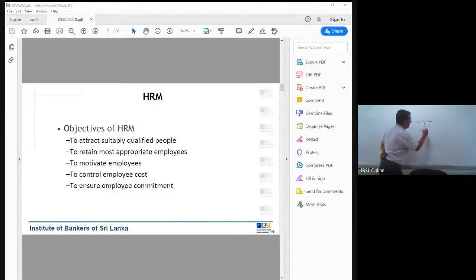HR objectives. Objectives facilitate achieving your strategic HR goals, and strategic HR goals will facilitate basic goals.